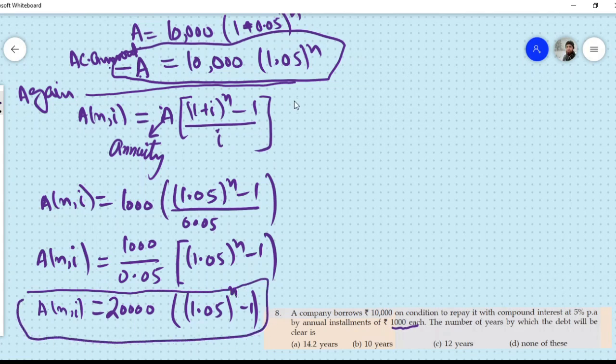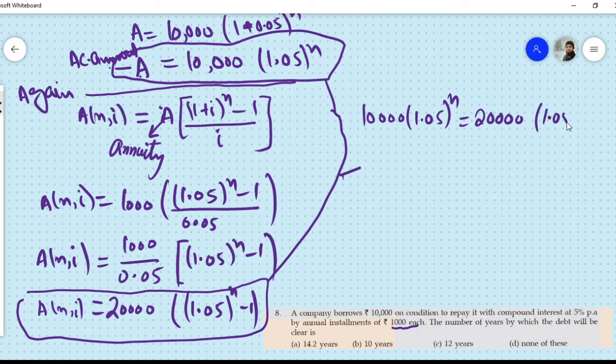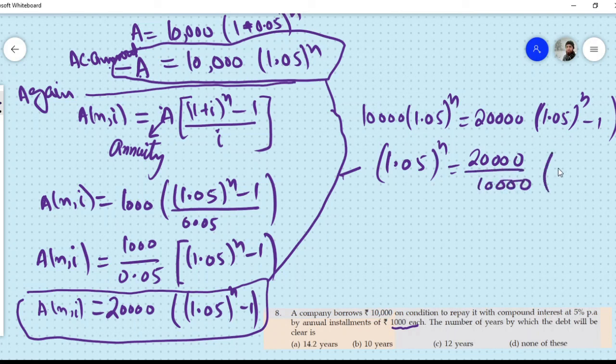Both are the same, therefore comparing these two equations, because this is the final value we have to pay, 10,000 into 1.05 power n equals 20,000 into (1.05 power n minus 1). Dividing, the zeros cancel out, and that will be 2.